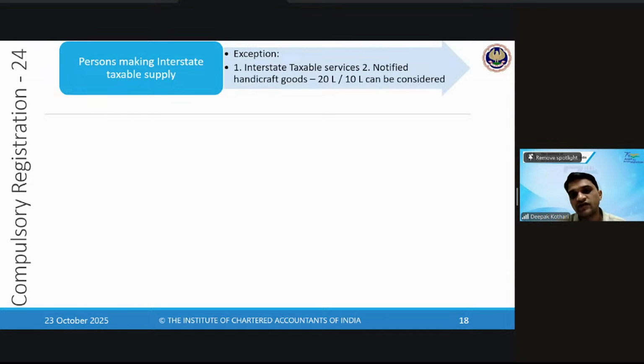What are notified handicraft goods? We'll come to that notification. Basically, those goods which are made by hand and things like that are handicraft goods. If you're into that, then even if you're making supplies below the threshold limit, you don't have to register.